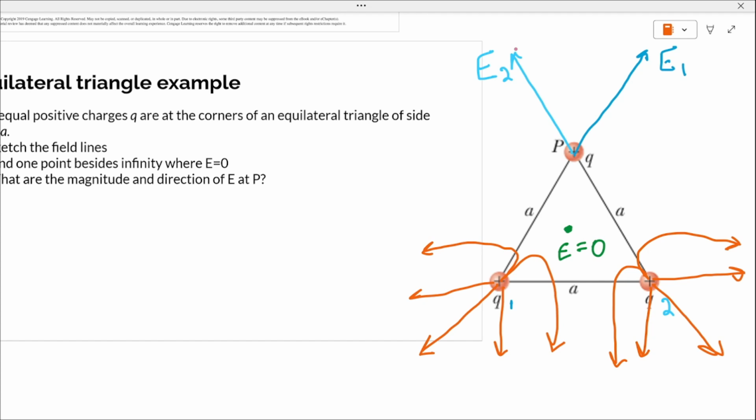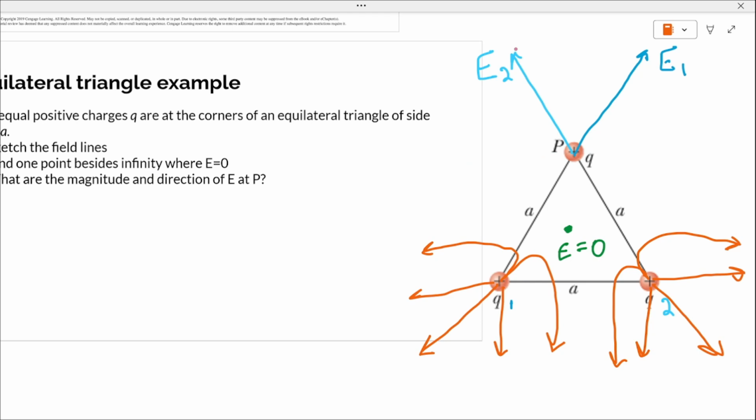And we can break these up into components, and we notice the horizontal components will cancel out. Why? Because E1 and E2 are actually equal, because Q1 and Q2 are an equal magnitude and distance away from point P. So these two cancel out, and we're left with just the vertical components of E1 and E2.